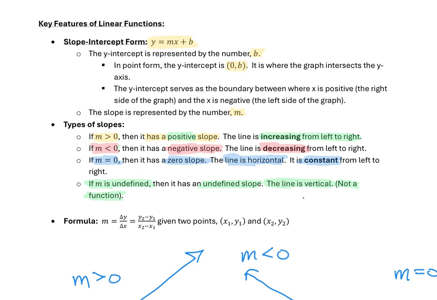To figure out the slope, we want the change in y, that is y2 minus y1, over the change in x, which is x2 minus x1. It doesn't matter what order you plug these into your formula, as long as you are consistent: whatever order you do on the top, you have to do on the bottom.